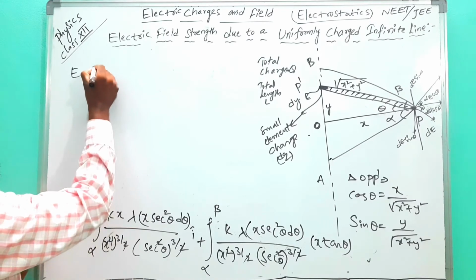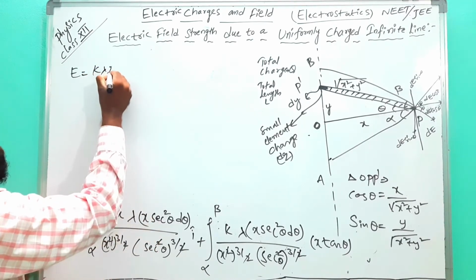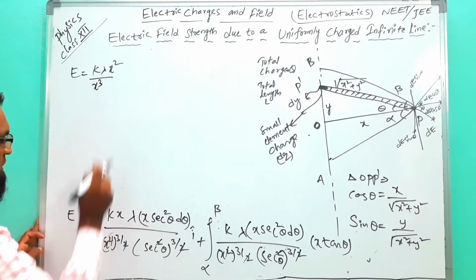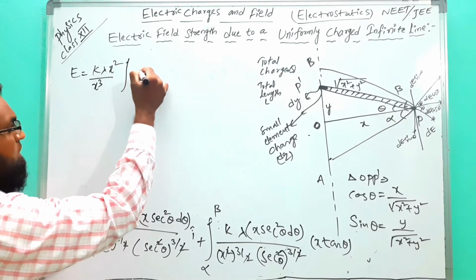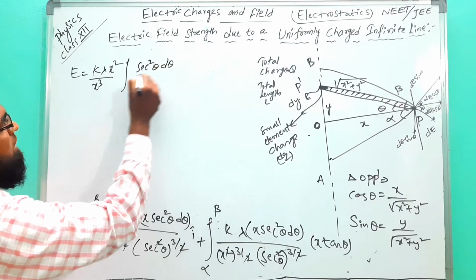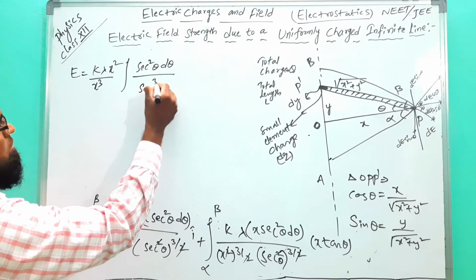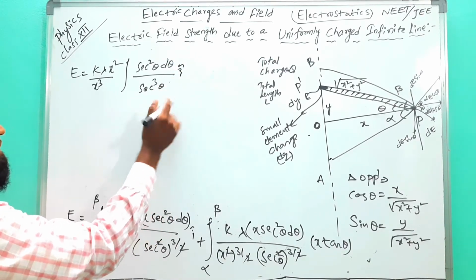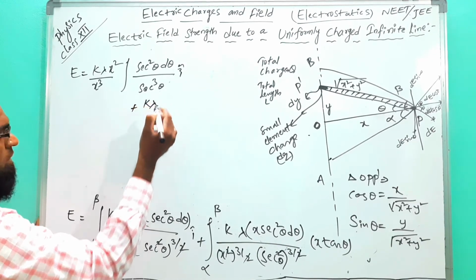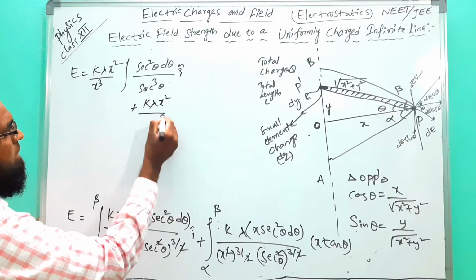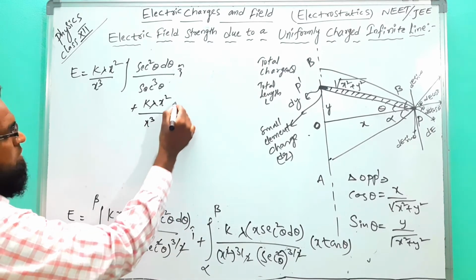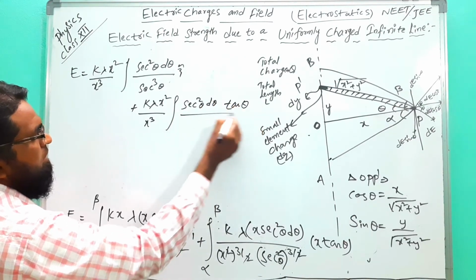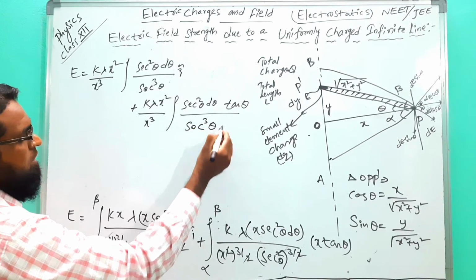First, k λ x into x² by x³, integration of sec² θ dθ by sec³ θ, up to the i cap. Similarly for the j cap, k λ x² by x³, integration of sec² θ dθ into tan θ by sec³ θ.